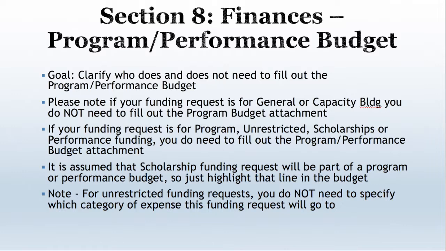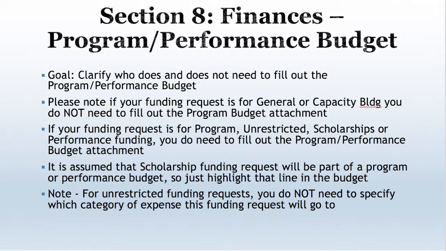That means only the income and the costs associated with your summer program. If this is a performance funding request, only fill out the budget based on the performance. That means the income and costs associated with the specific performance for which you are requesting funding.